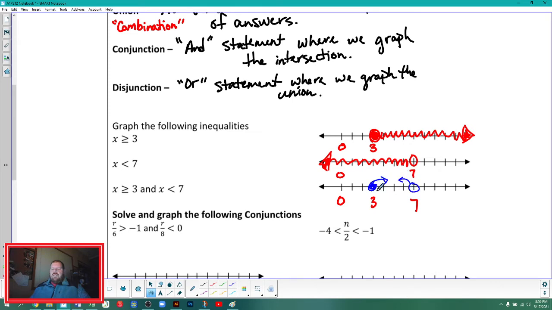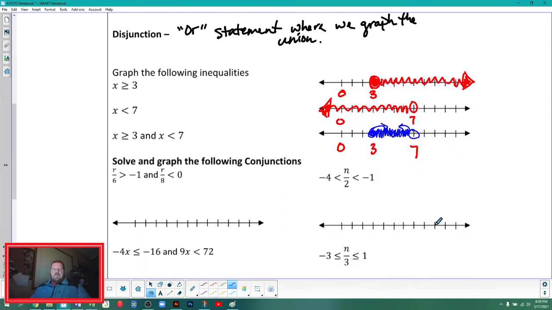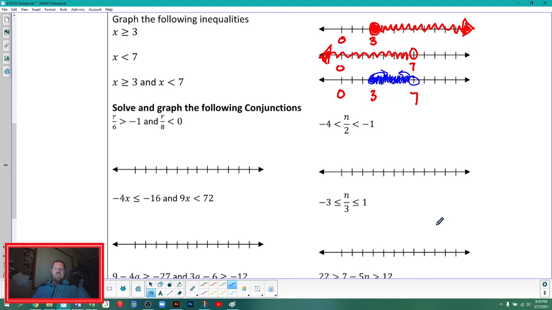I'm going to just shade in where those two overlap. So they overlap from 3 up until 7, just not including 7. And so that is our graph of our compound inequality. Everything from 3 just up to 7. So let's look at this, and there's actually another way to write this, and we looked at this in a previous problem.